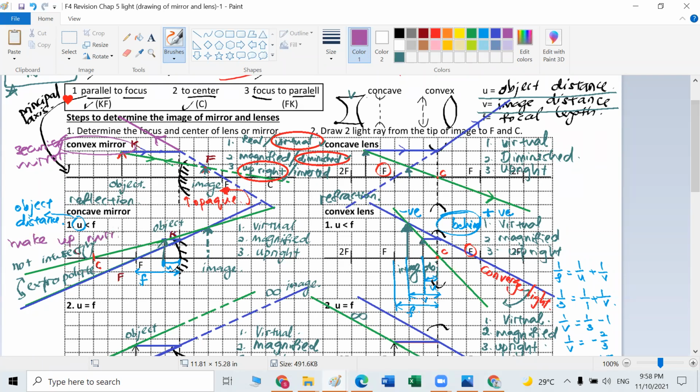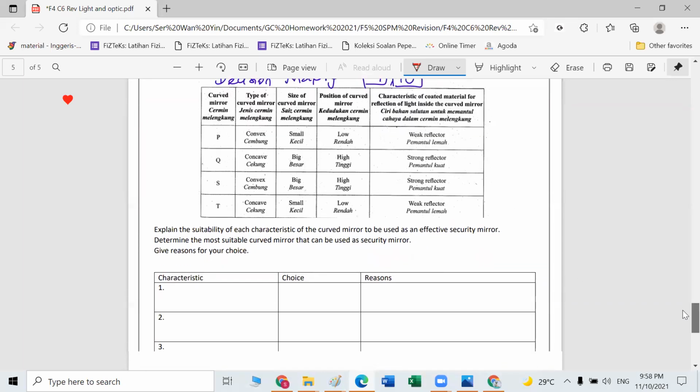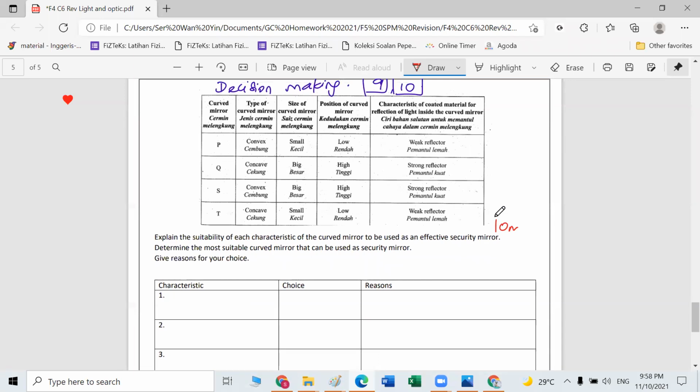Makeup mirror or dental mirror. Okay, so now the type of curved mirror must be. By the way, when you answer these 10 marks questions, you will see PQRS and 4 characteristics. 1, 2, 3, 4. Okay, give me 5 more minutes, then we can finish.